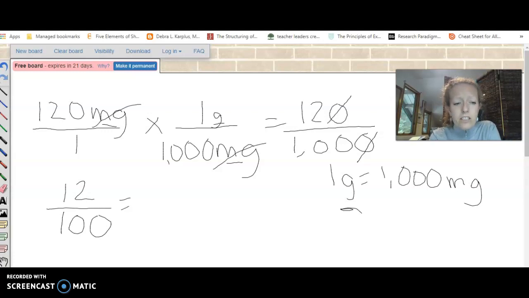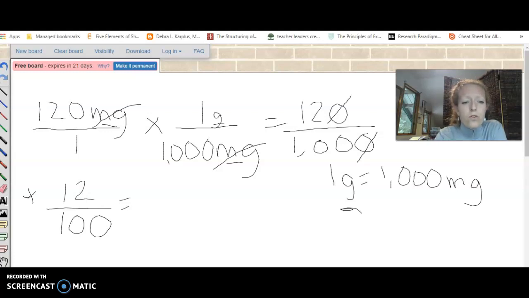If you submit an answer to me like this, I'll see that you made it almost to the final step, but what I would really like to see is you changing this number into a decimal. And we know how to do that because any number over 100 can be represented as a percent or simply changed into a decimal.